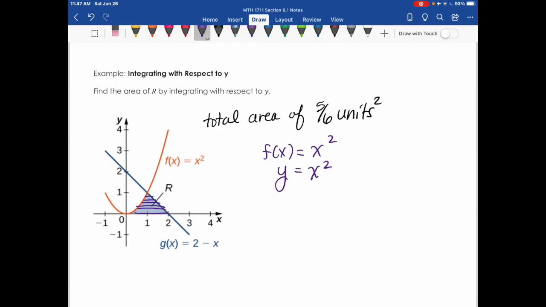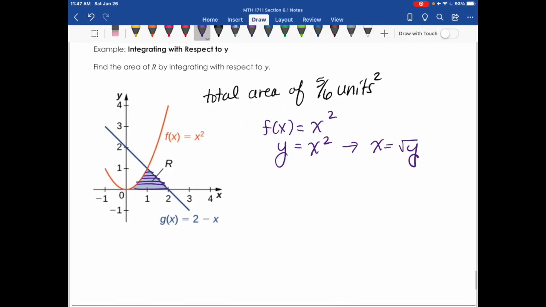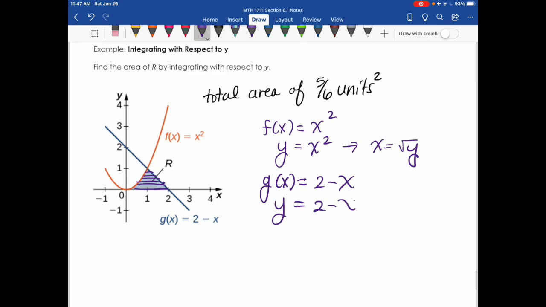So the first thing we need to do is express the graphs as a function of y. So we have f of x is equal to x squared. I'm going to rewrite it as y is equal to x squared. When I solve this for x, I'm going to get x is equal to the square root of y. Now for my second function, I have g of x is equal to 2 minus x.